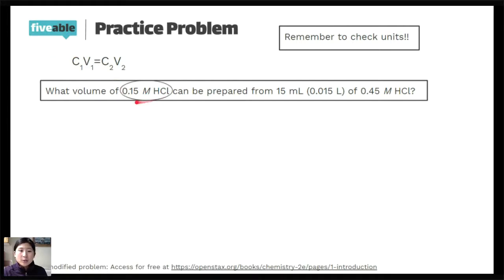So first we're going to circle 0.15 moles. We want to circle all the important units, all the things we are going to use. We circle the volume and the other molarity, the other concentration. Remember, C stands for concentration, V stands for volume.